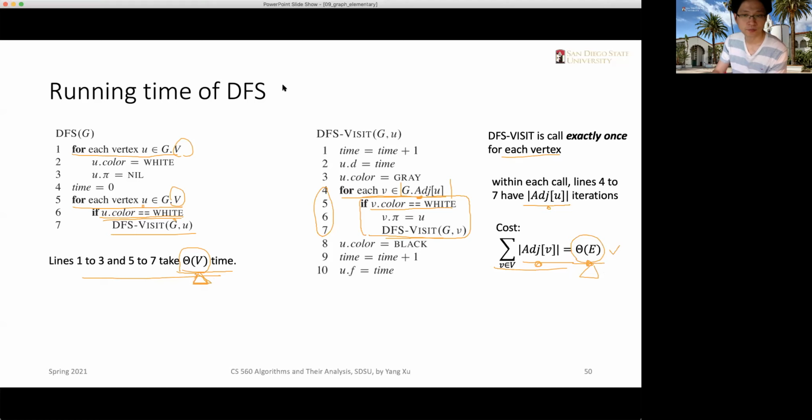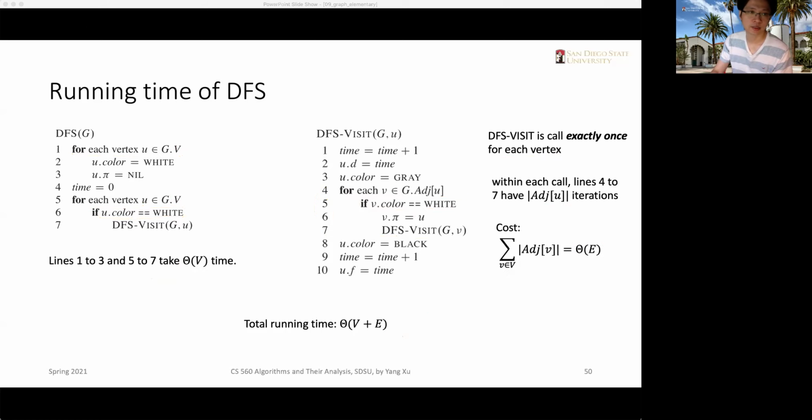So in total, we will have something described by big theta of V plus E. If you remember, that is also the cost for the BFS algorithm. So in terms of running time, the two algorithms are not that different here.